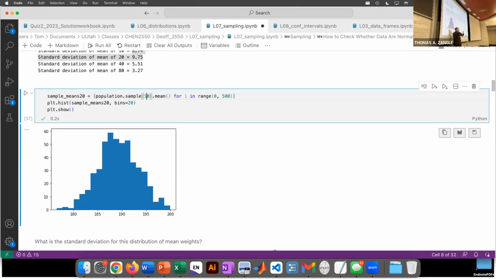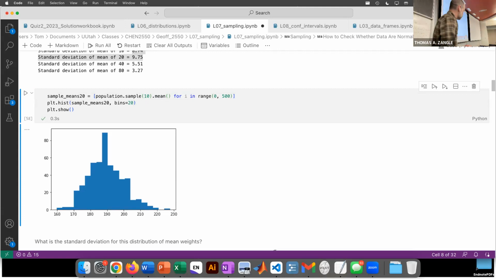So if we decrease the sample size, then our uncertainty in the mean value from that sample is going to increase. And we should see this thing get wider. So let's check if that's actually true. Right, so we see that now we have values ranging from 160 all the way up to 230, and the center of the distribution has gotten quite a bit wider.